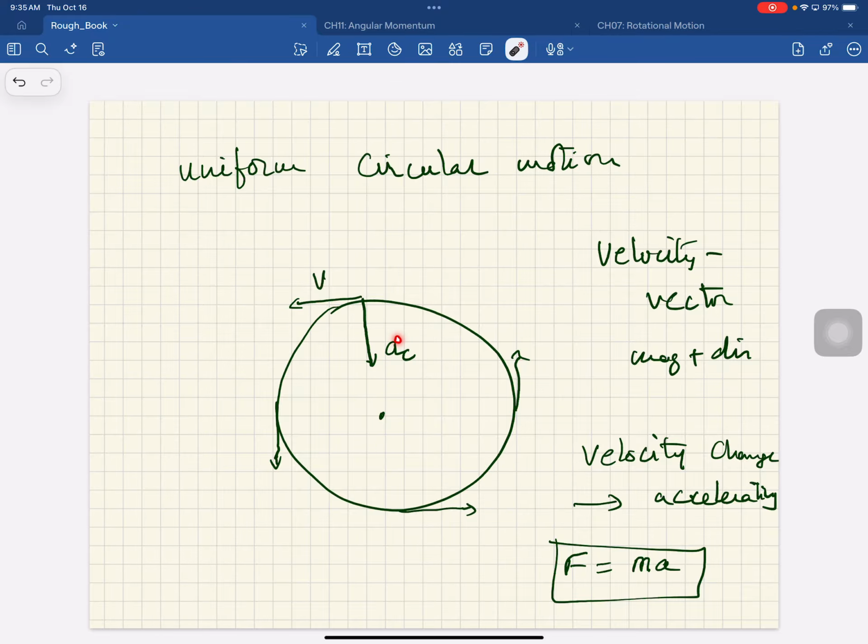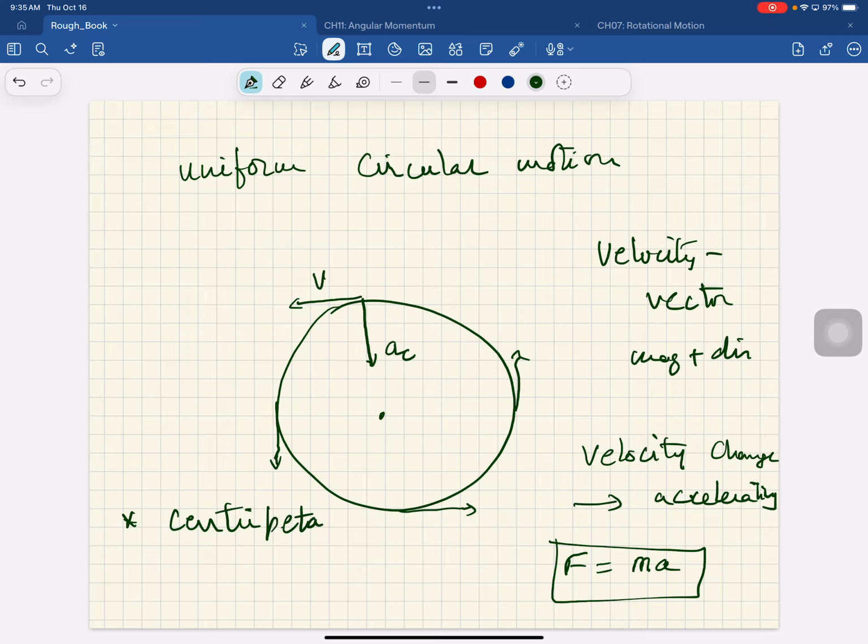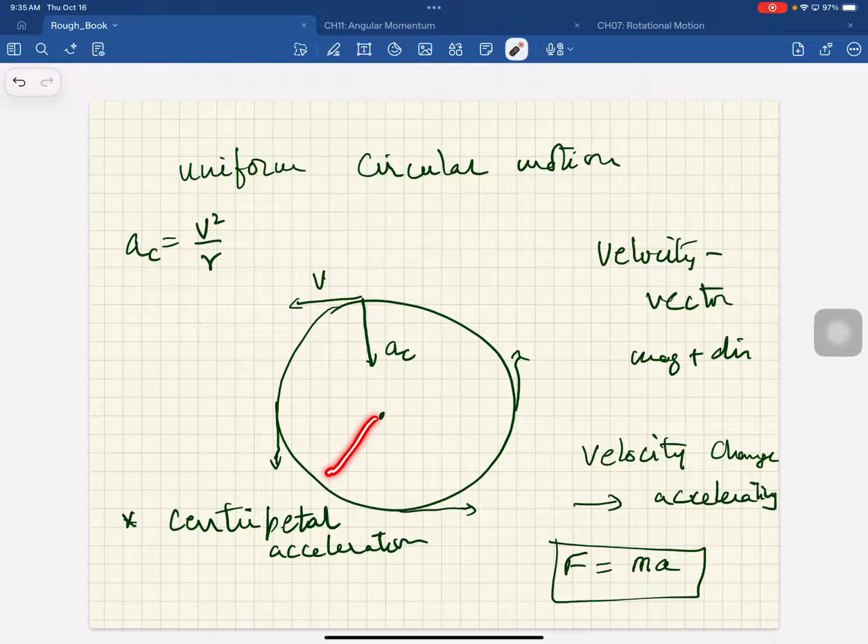A for acceleration, the subscript C for centripetal acceleration. And your acceleration is equal to v squared by r. R is the radius of the circle, and v is your speed.